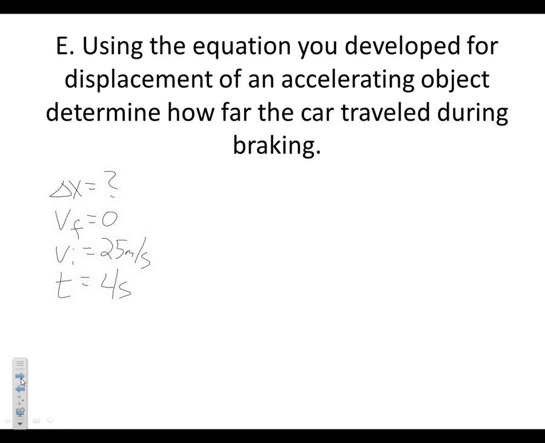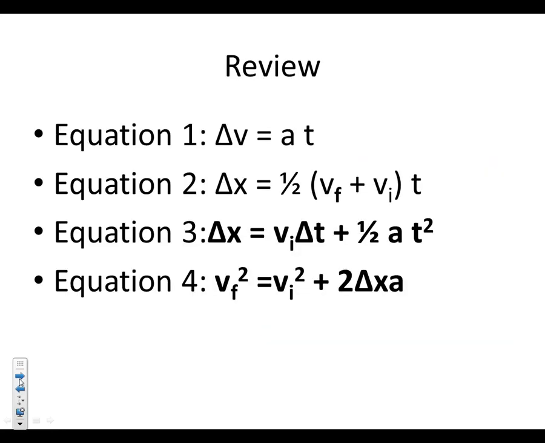Now here comes the hard part. It's like a puzzle: you have to use one of these equations that has v final, v initial, delta x, and t. We've got delta v? Oh, we don't have that, so we don't want that equation. Delta x we're trying to find, that's our question mark, and we have t. So we want to go with the second equation.